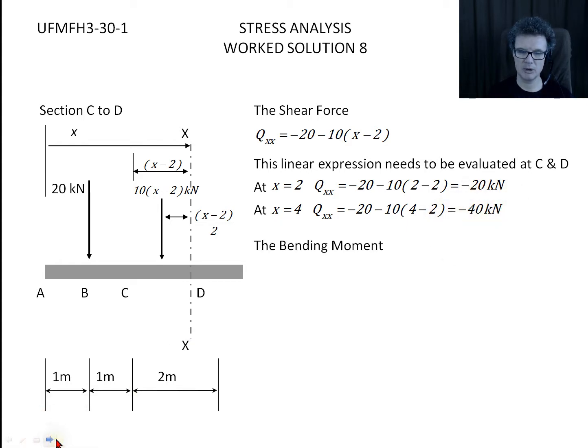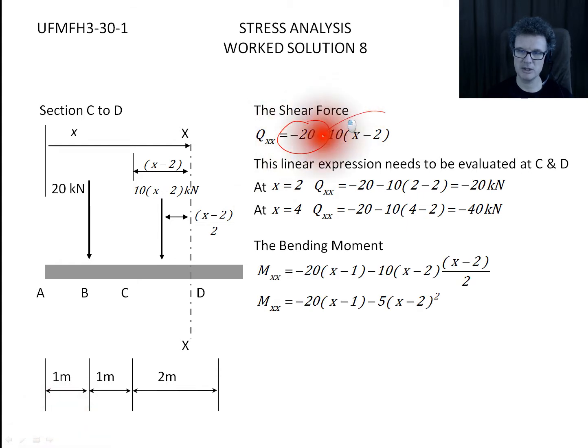What about the bending moment diagram? Well, that's all dependent on these things here. So the first thing we're going to do is take our 20, multiply it by the distance to that position. So that's x minus 1. So that's that distance from there to there. And then we're going to take our next force, which is 10 (x minus 2), and multiply the distance that it has to its midpoint, which happens to be half the distance of the UDL covered.